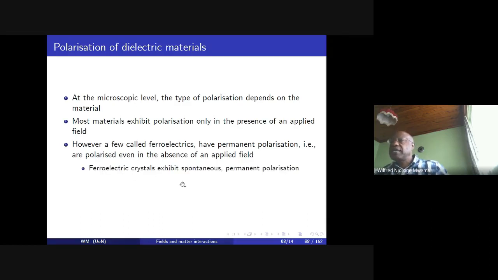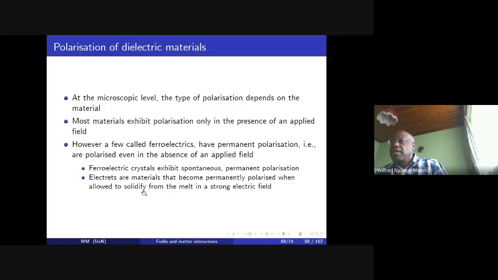So ferroelectric crystals exhibit spontaneous and permanent polarizations. Electrets are materials that become permanently polarized when allowed to solidify from the melt in a strong electric field. That is, you melt the material, then apply a strong electric field, then allow the material to cool down.